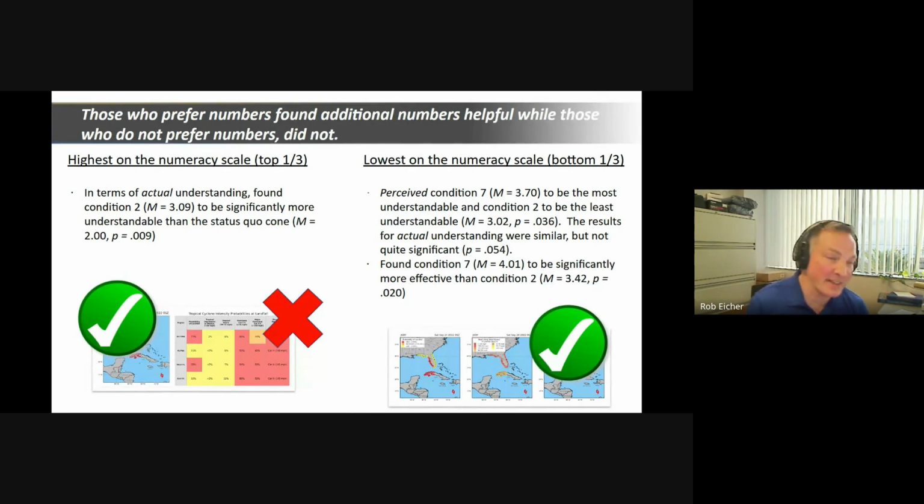And those on the low end of the numeracy scale, so those that said they weren't very comfortable with numbers, did in fact just like the map version, the categorical color-coded maps rather than the tables. So that kind of tells us that we may not be able to create a single graphic that answers all these problems here.